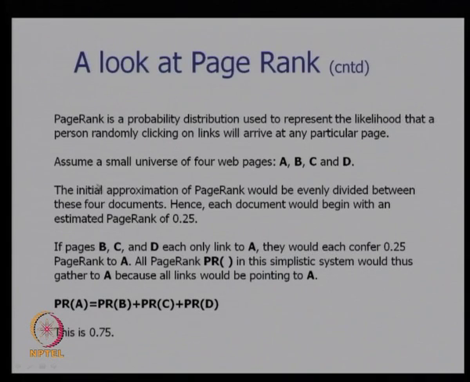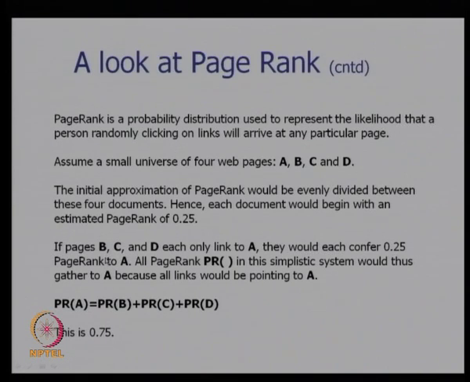For illustration, let us assume a small universe of 4 web pages A, B, C and D. The initial approximation of page rank could be evenly divided between these 4 documents. Hence, each document would begin with an estimated page rank of 0.25.